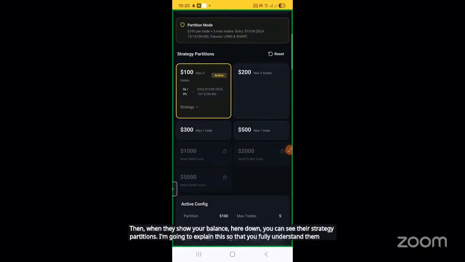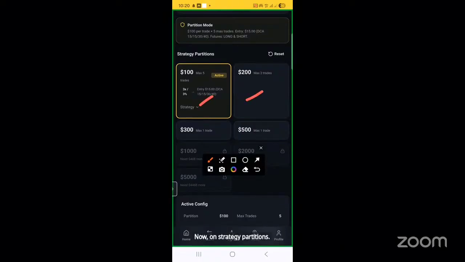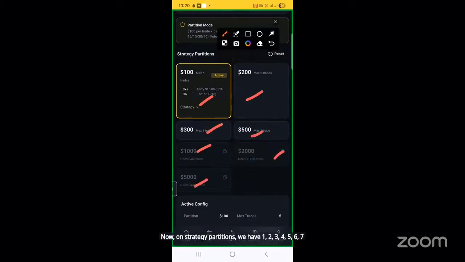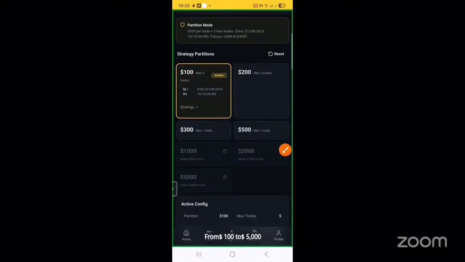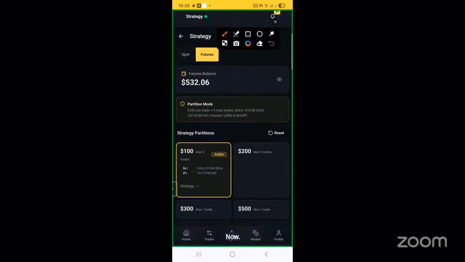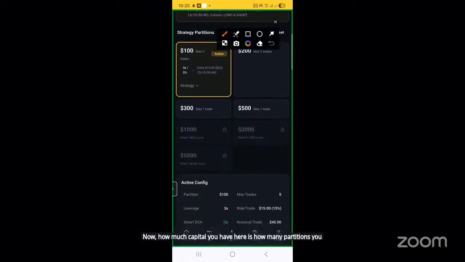I'm going to explain this so that you fully understand them. On strategy partitions, we have 1, 2, 3, 4, 5, 6, 7 strategy partitions from $100 to $5,000. How much capital you have here is how many partitions you can unlock.